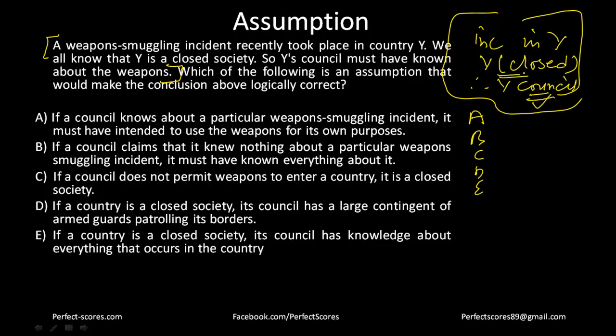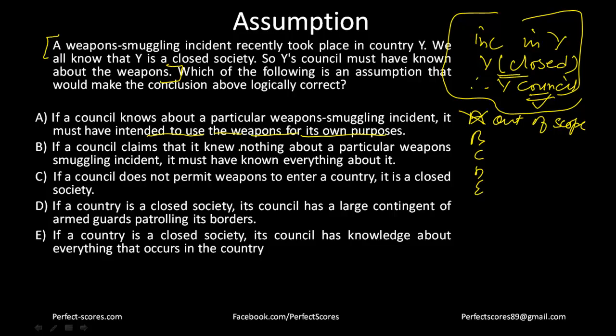Isn't that the assumption? But let's go ahead and see what option A says. If a council knows about an incident, it must have intended to use the weapons for its own purposes. Now we cannot take that as an assumption. So it is out of scope. So A cannot be the answer.